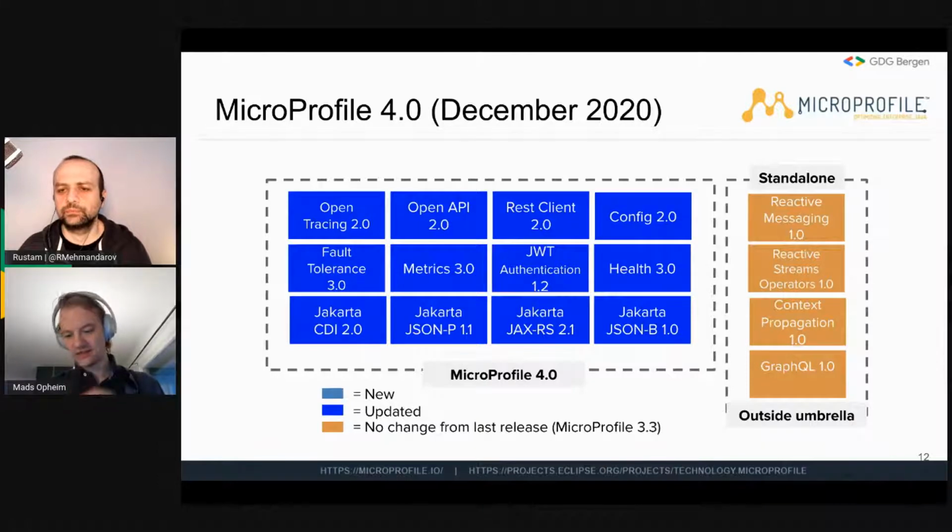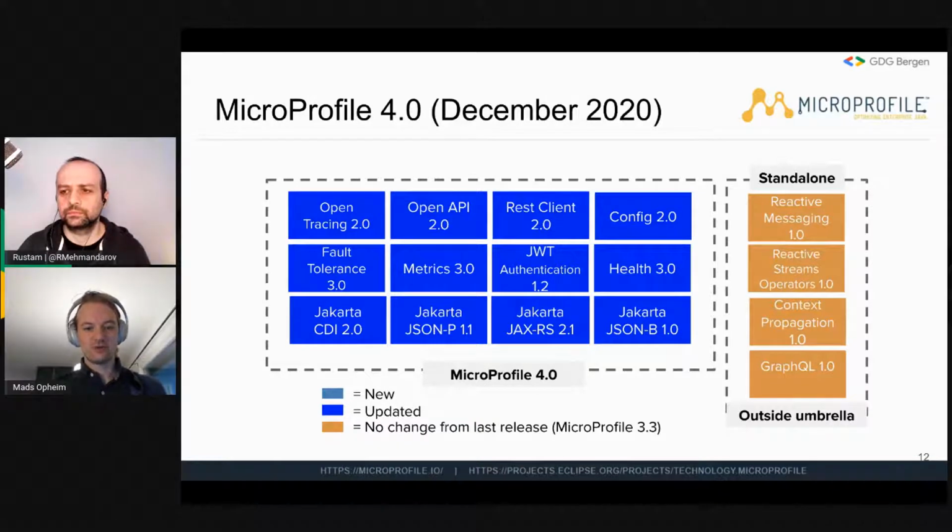But it's also a common descriptor between Jakarta EE and MicroProfile that both of them are specifications. And you can also see on the bottom line here, we can see Jakarta CDI, Jakarta JSON. So these are the same specifications that are included in Jakarta EE as well.